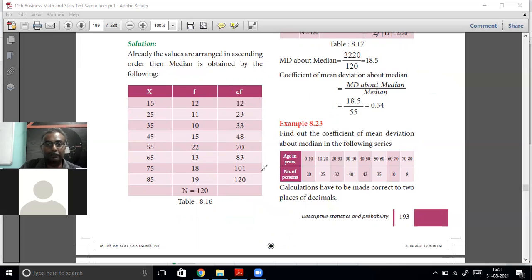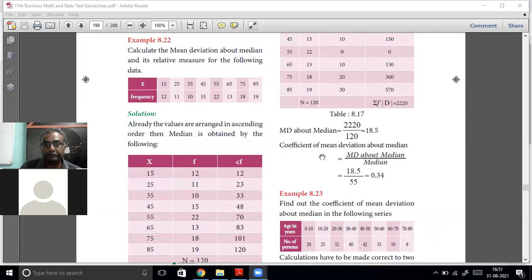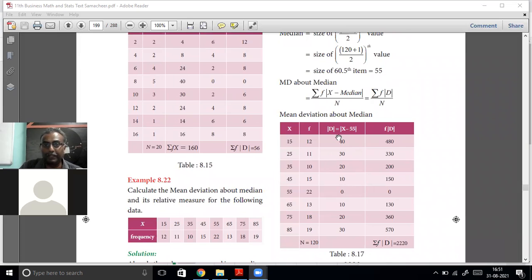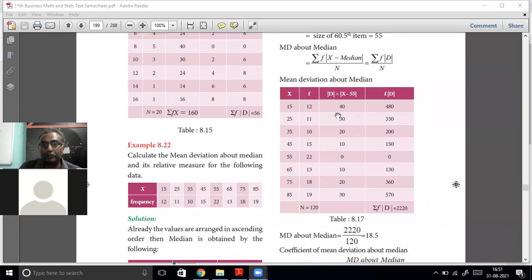Now you got n is equal to 120. The median you found out was 55. So you get a new column: deviation, the absolute value of deviation, modulus of d, which is modulus of x minus 55.